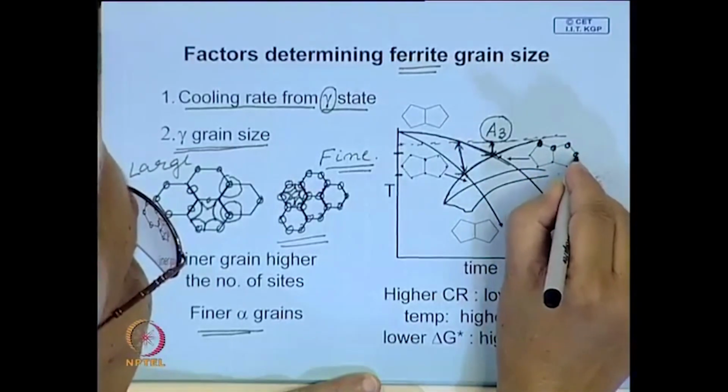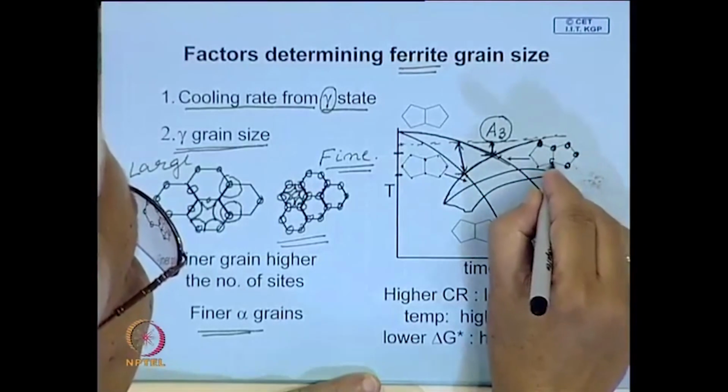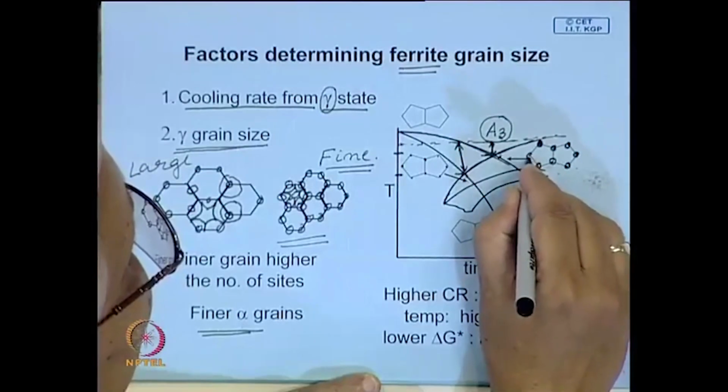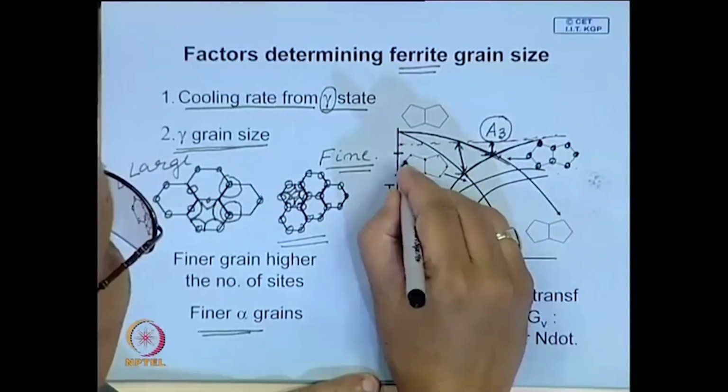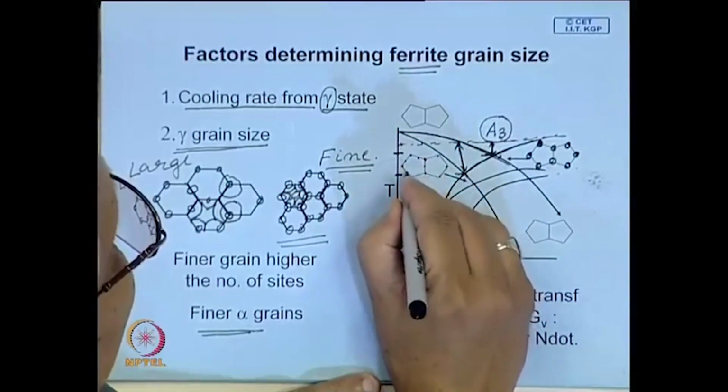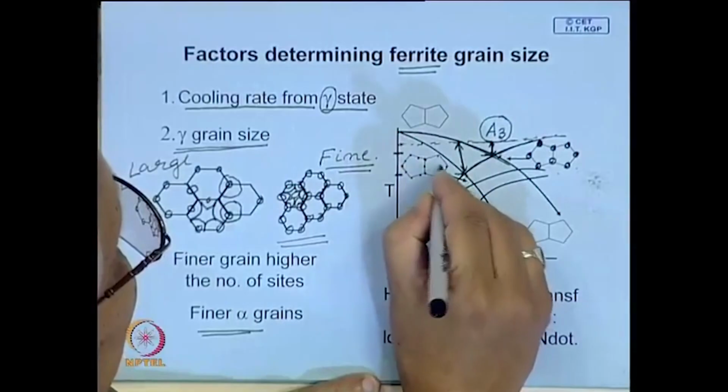So, the nucleus which forms here will be larger to start with, and secondly here you will have more number of finer nuclei. So, you may have some grains here.